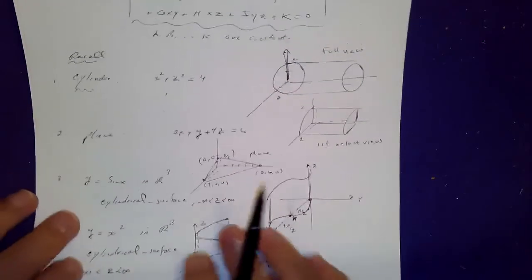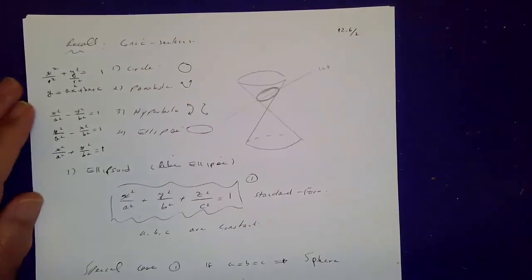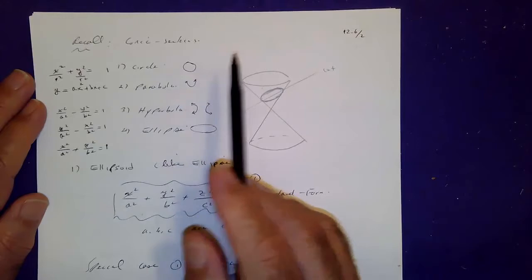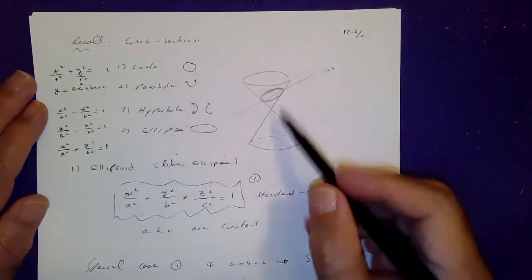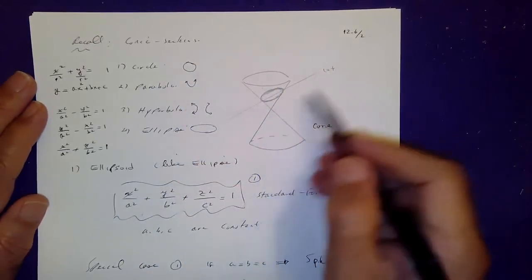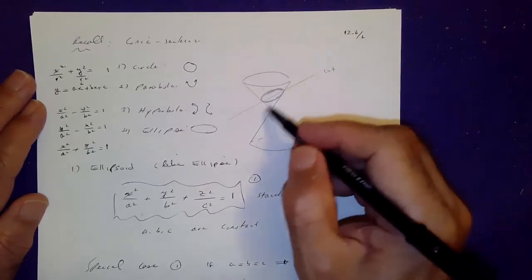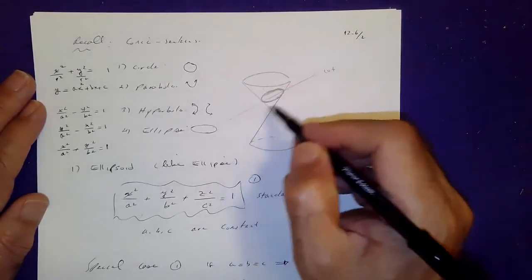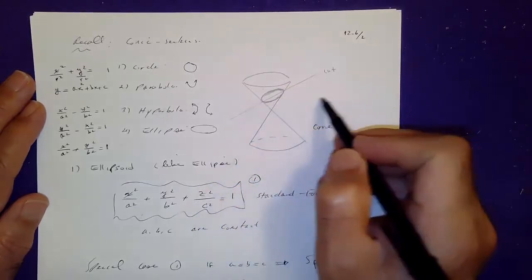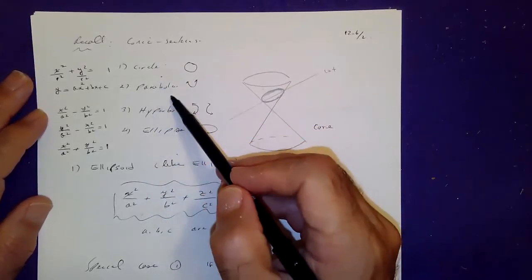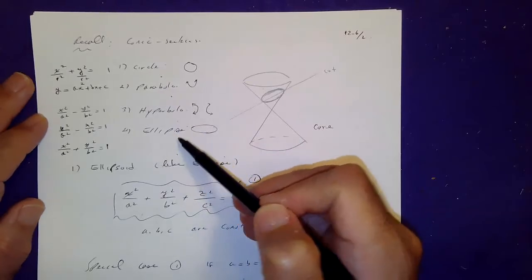Do you see it? So remember, these quadric surfaces are counterparts of conic sections. You know what conic sections were. If you take a circular cone and cut it with a plane, whether you cut it slantwise or vertically or straight horizontally, you get these shapes, namely circle, parabola, hyperbola, and ellipse.